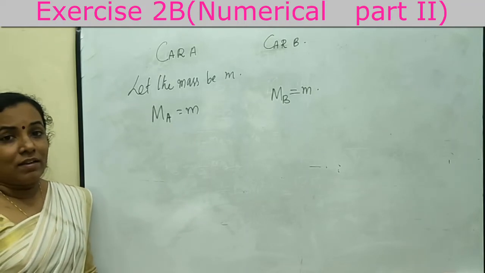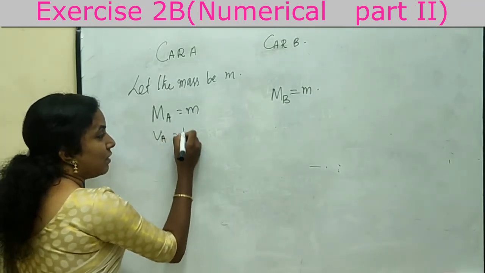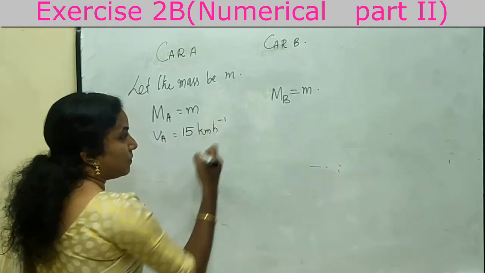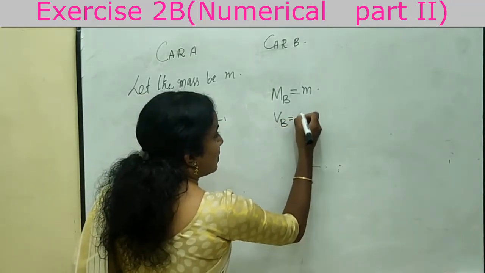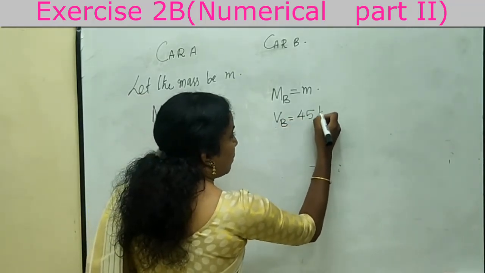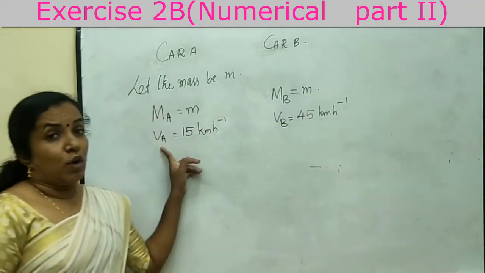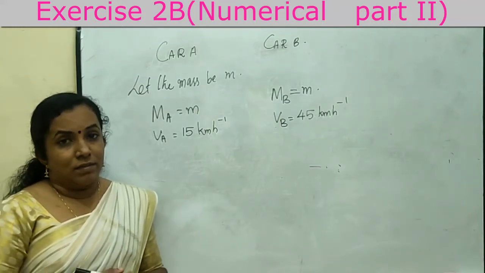And it is given the velocity of the car A is 15 km per hour and the velocity of the car B is 45 km per hour. Both the velocities are in kilometer per hour.